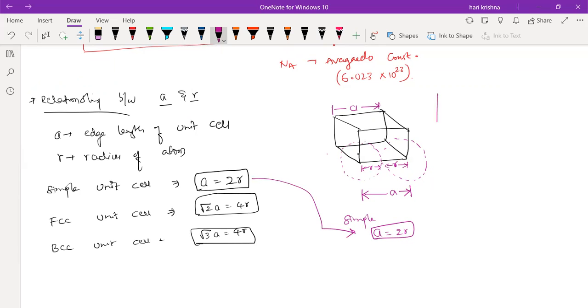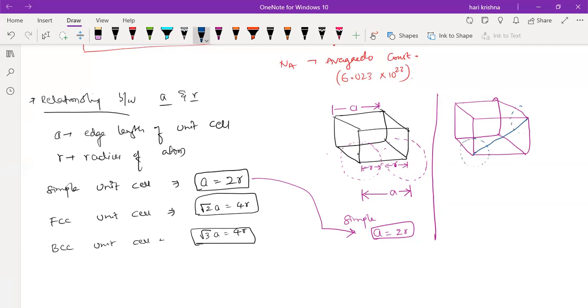In a similar way, for the face centered, suppose this is the face diagonal. Atoms will be there at the corners, and an atom will be there at the center of the face.